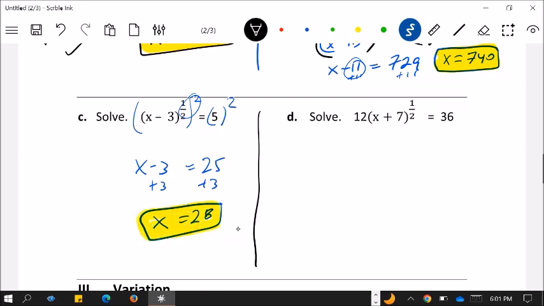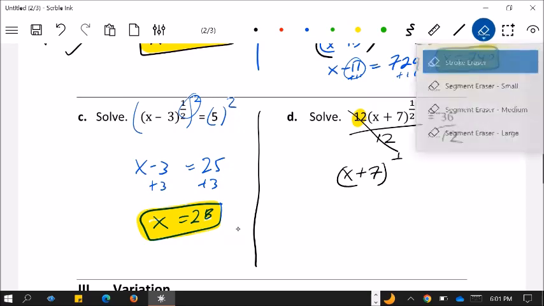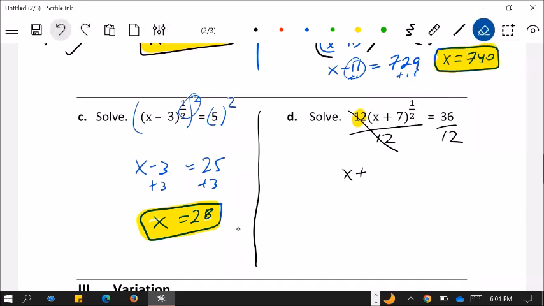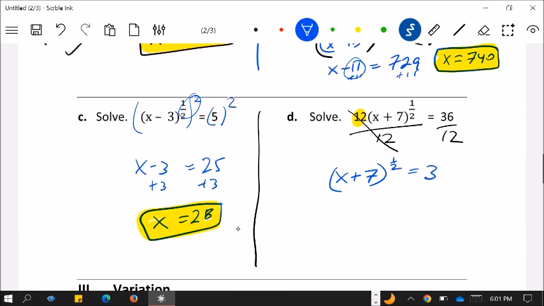On the other side, it's almost as easy, except that we have this multiplier here, and you have to get rid of that first. So if I divide both sides by 12, that goes away. x plus 7 to the 1/2 equals 36 divided by 12, which is 3.